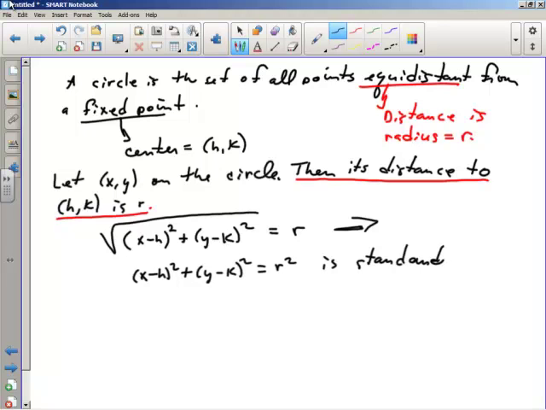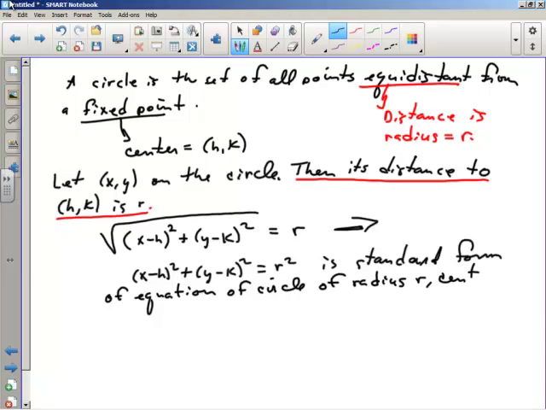The biggest part of the algebra on this topic is obtaining the standard form of the equation of a circle of radius r centered at the point (h, k).